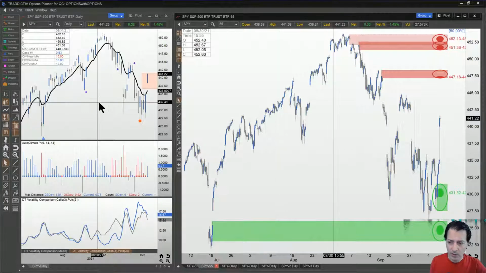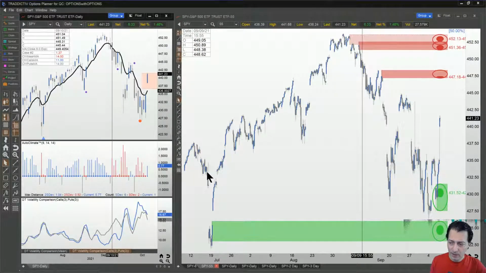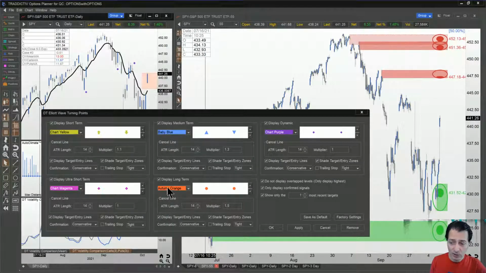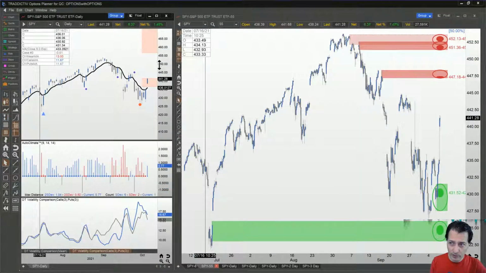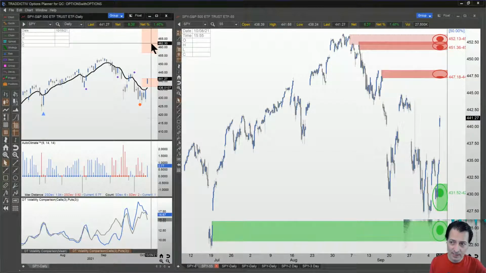If I look at the edit study of Elliott wave, notice how my settings, which are the default settings, imply that orange color is the long term. So based on Elliott wave, this is a long-term turning point, and this could bring the market up to 456, something like that, the orange region on the top.